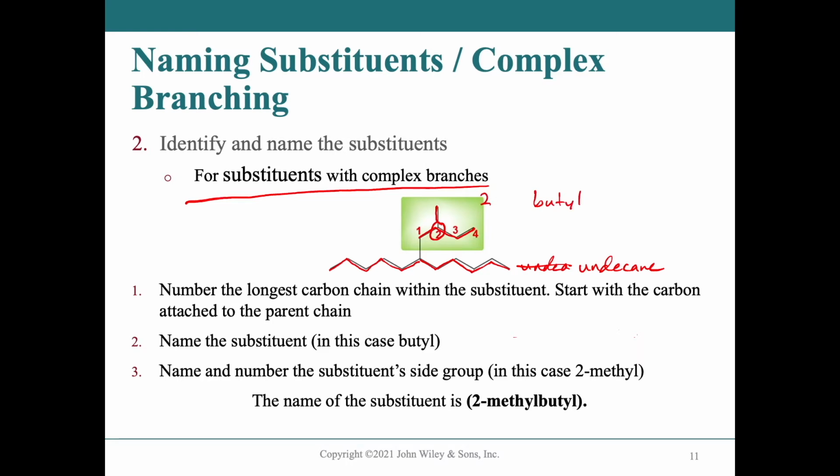So you just put 2-methylbutyl, and that's the name of your substituent. Good stuff.